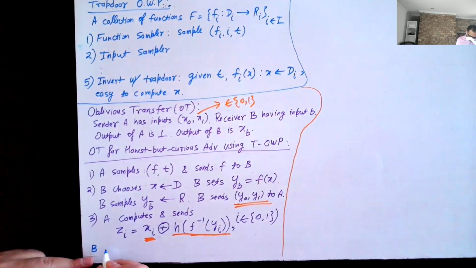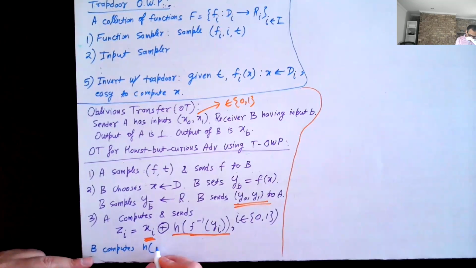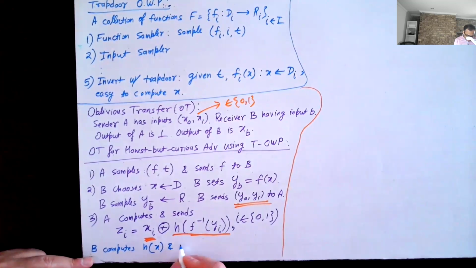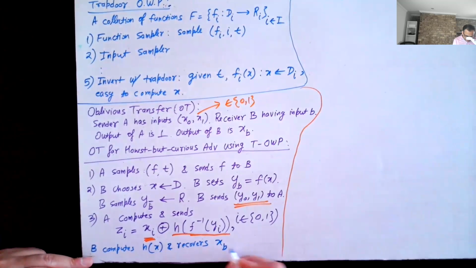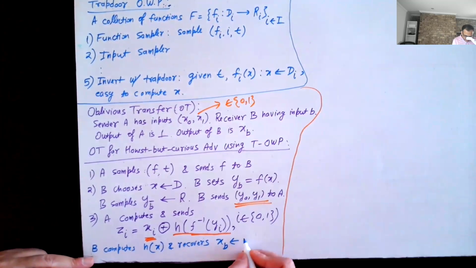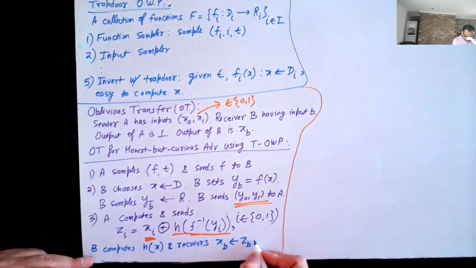B computes h of x and recovers xb as zb XOR h of x.